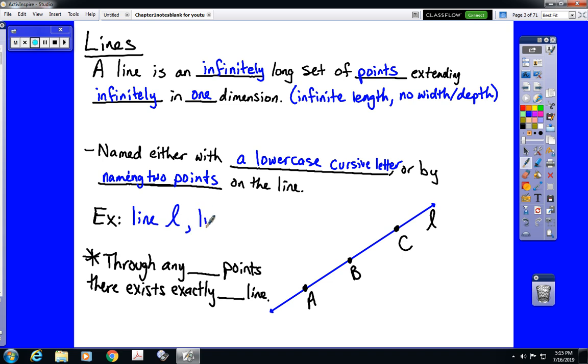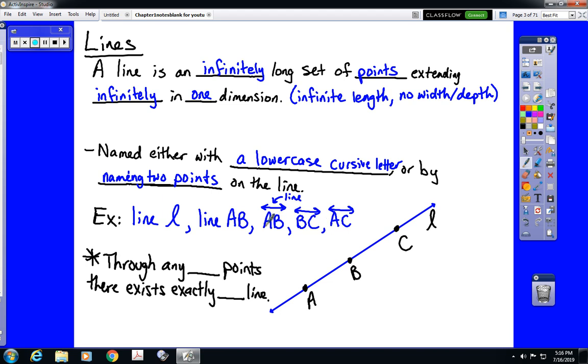We could also use the word line and then any 2 points on the line, so for instance line AB, or we could use the official geometry notation, which is the name of 2 points on the line, such as A and B, with the line symbol above it. Notice you could also name this BC, you could name it AC, or you could reverse the order of any of these.